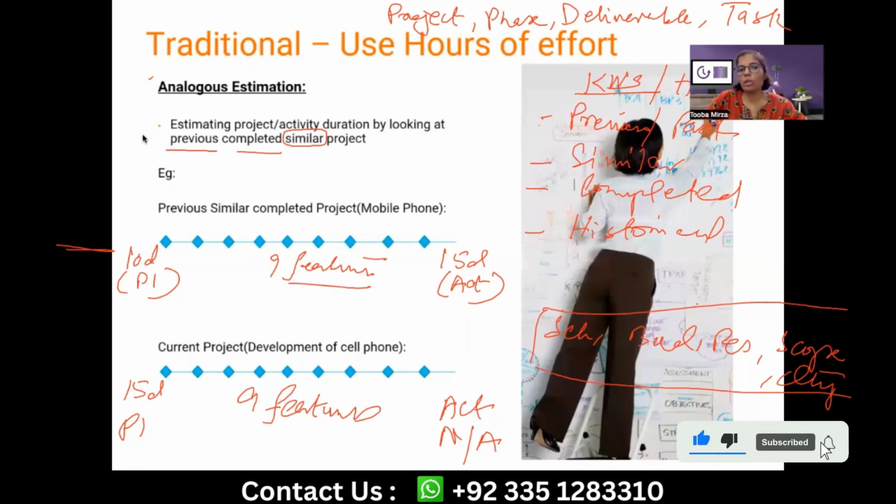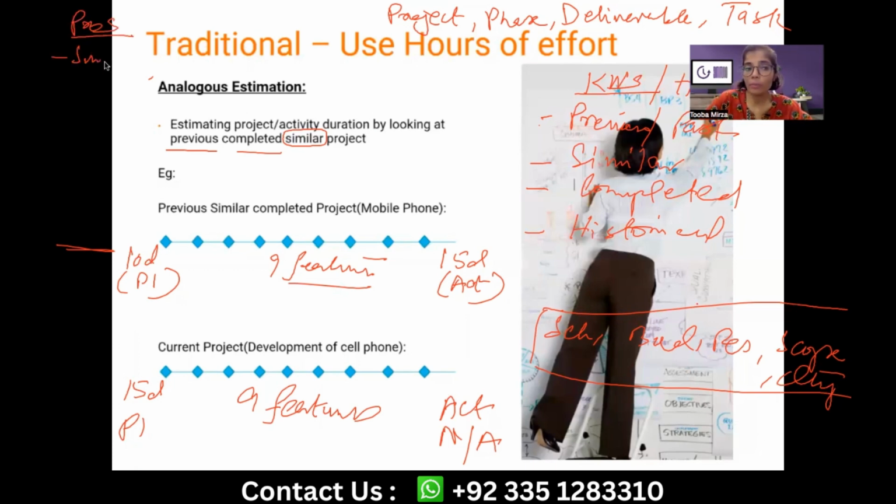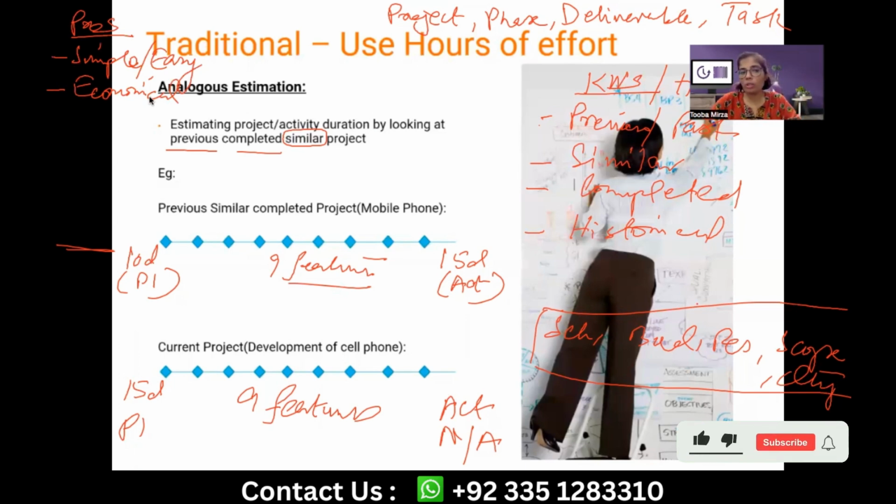Right. So if I talk about the pros of this technique, first of all, it's very simple and easy to use. It's very economical for the reason that no expertise or senior or expensive resources are required. Not expensive or economical is the same thing, right?